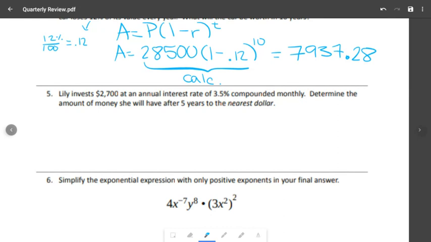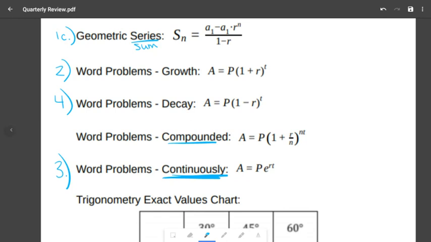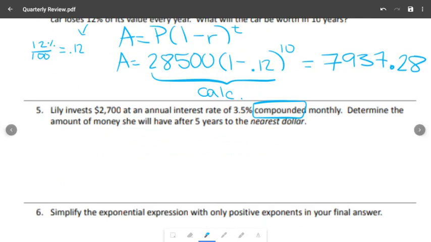Number 5, Lily invests $2,700 at an annual interest rate of 3.5% compounded monthly. Determine the amount of money she will have after 5 years to the nearest dollar. So looking at our formulas, it mentions the word compound by itself. So that is the formula we are going with. If you remember when I taught you this lesson, you can go back to that unit in Google Classroom.